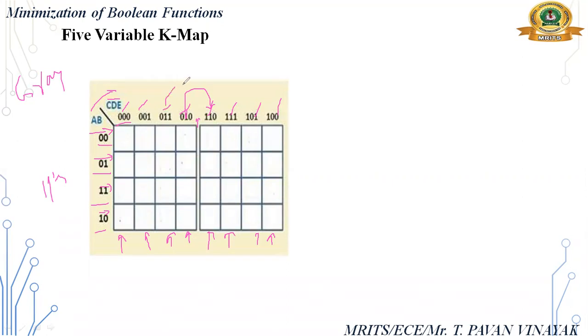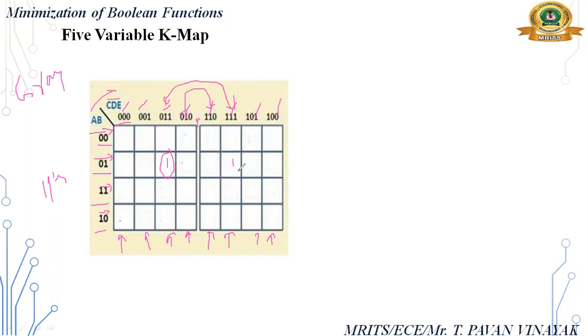And these two columns are also reflective. Suppose one is available here and one is available here; each is a single one, but you can take them as a pair because these two are reflective.